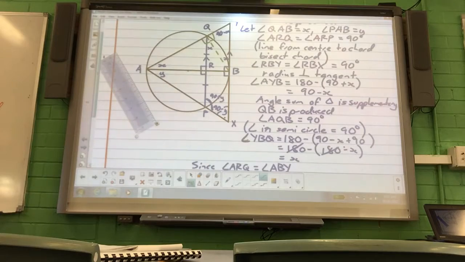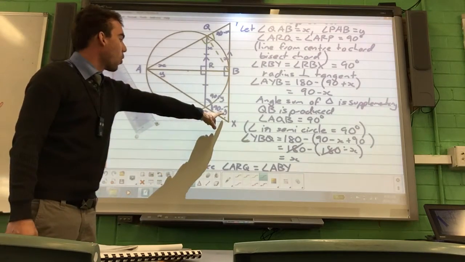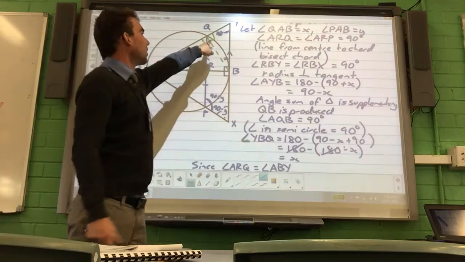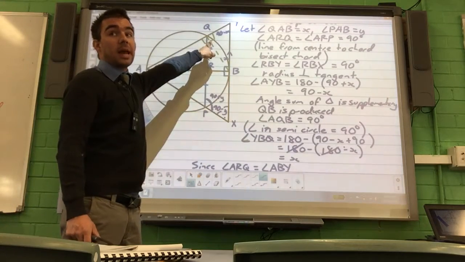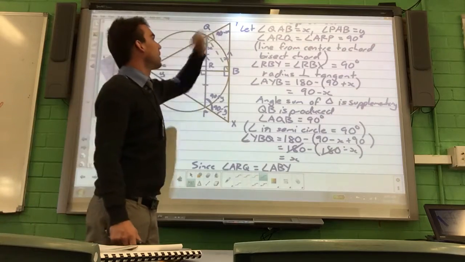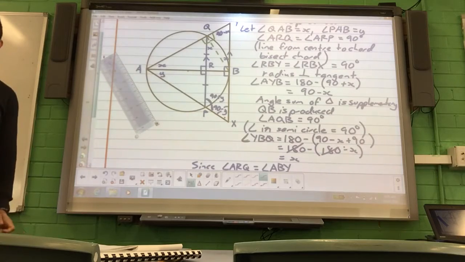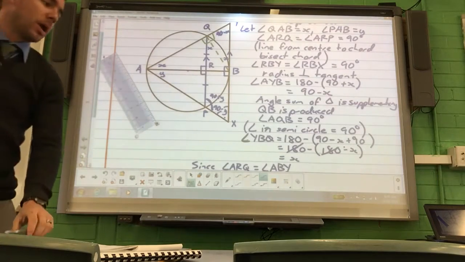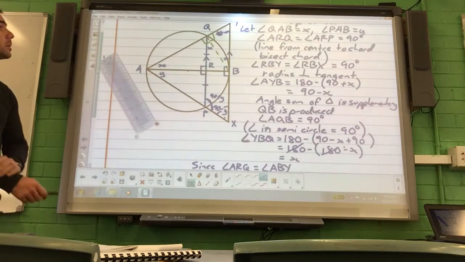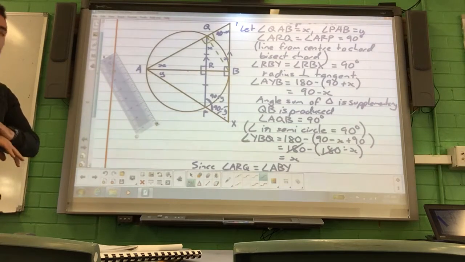Alright, so now we need to show that 90 take away Y plus 90 plus X equals 180. And we also need to show that 90 plus Y plus 90 take away X is also 180 degrees. If we are able to show that, then we have opposite angles supplementary, which will mean PXYQ is a cyclic quadrilateral.